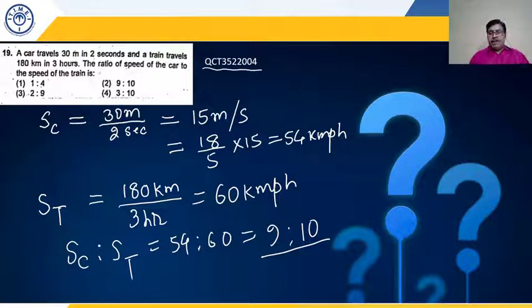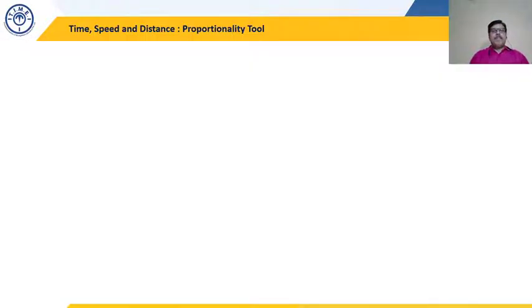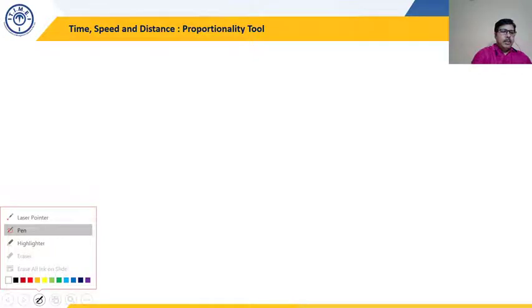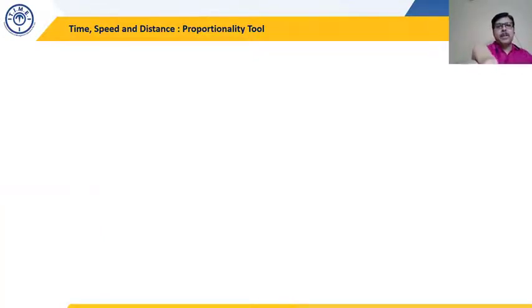Okay. Move to the next concept. In time, speed and distance chapter, proportionality tool is one of the most important tools.